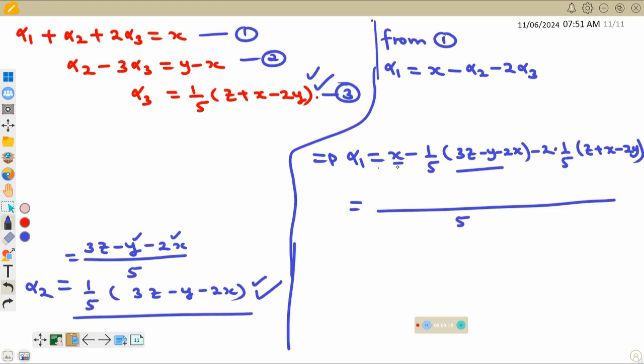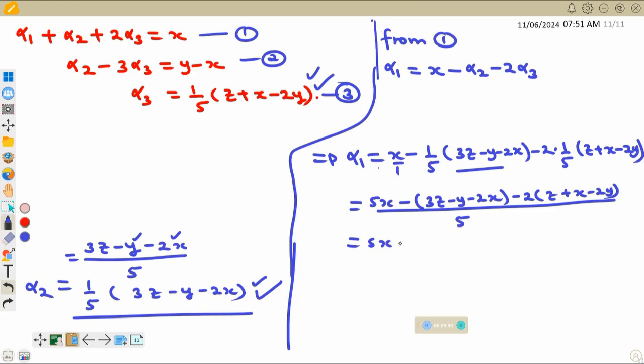5 divided by 1 here, we shall get 5x here. Then this will be minus of 3z minus y minus 2x. Then this will be minus 2 into z plus x minus 2y. So we shall be able to simplify this.